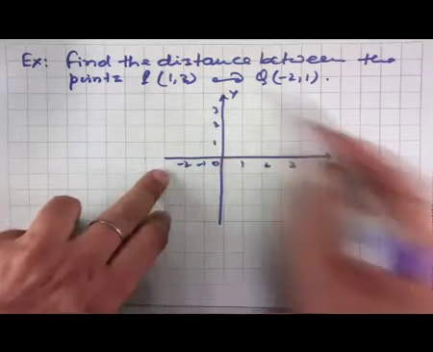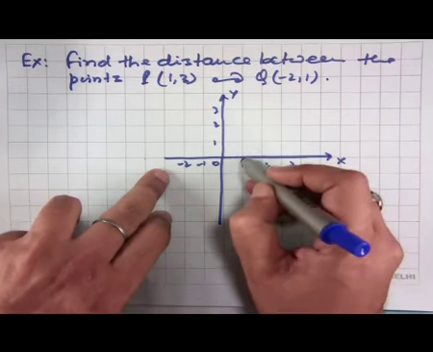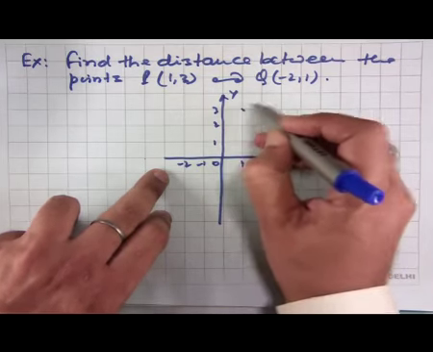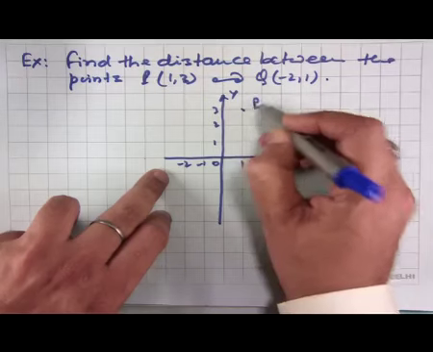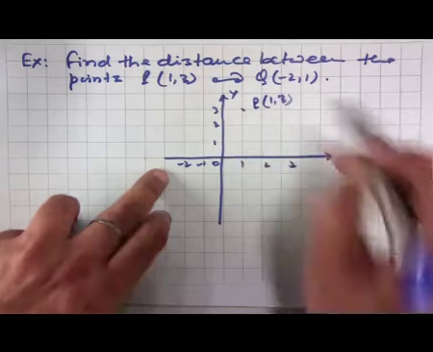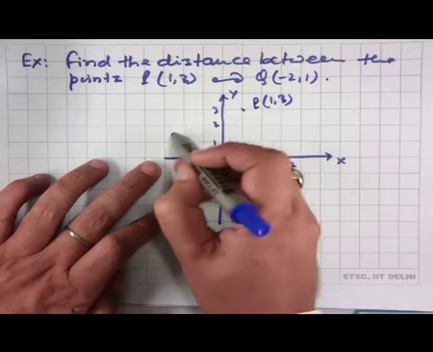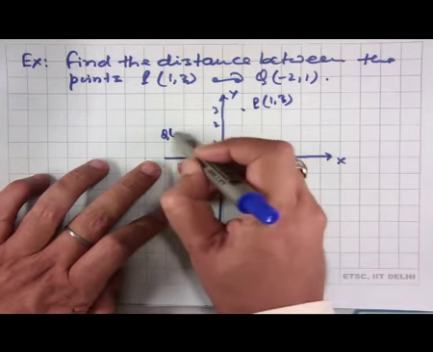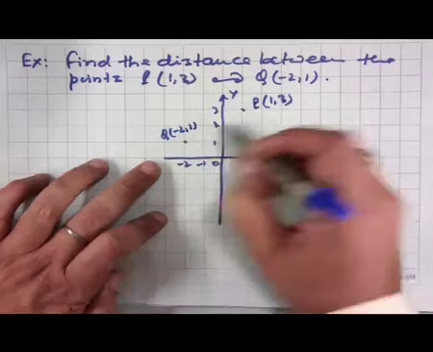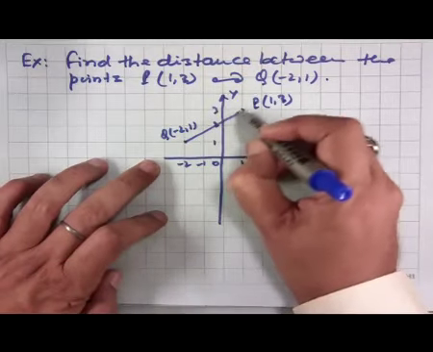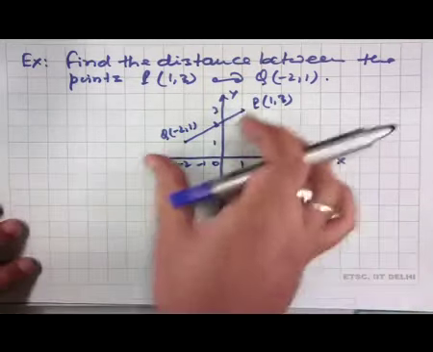So P(1, 3) means this point, and Q(-2, 1) is this point. Join PQ; we have to find the distance of this PQ.